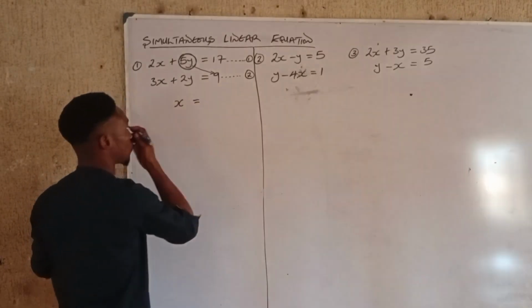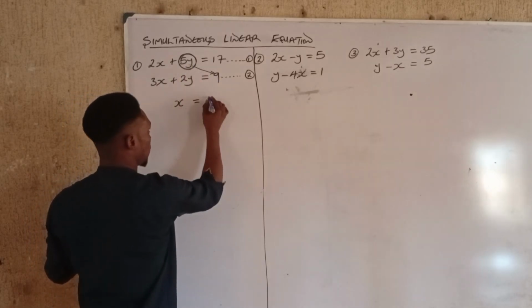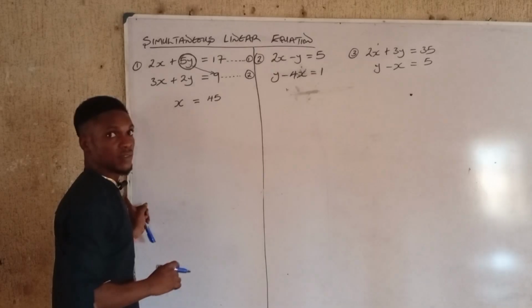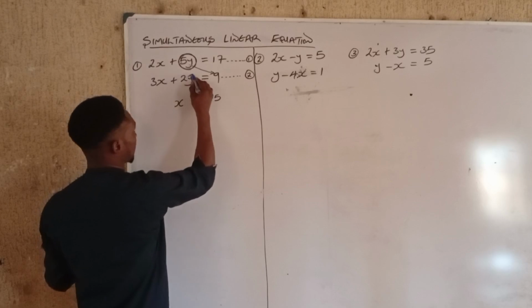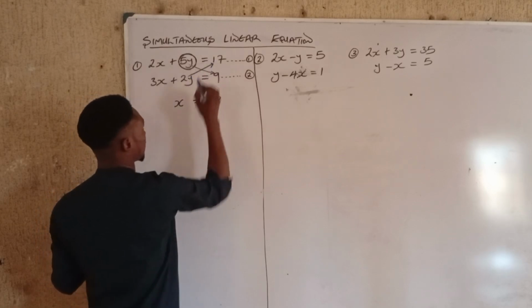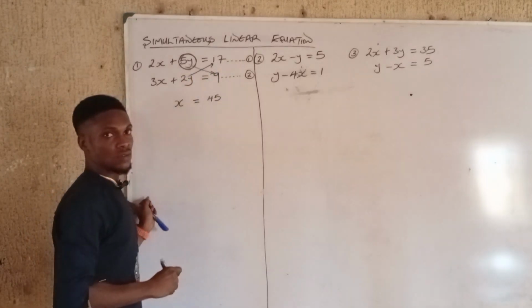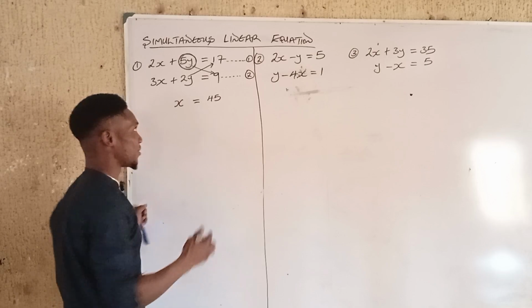So x is equal to 5 times 9 will give us 45, right? 5 times 9 is 45. Then multiply this and this. 2 times 17 will give us what? 34.